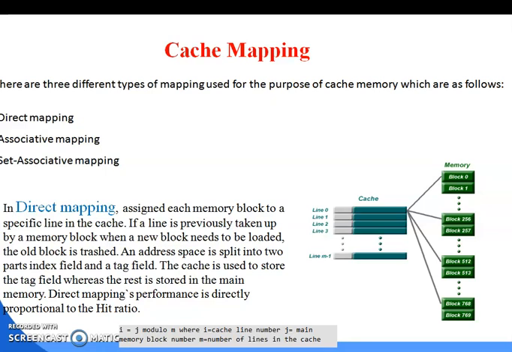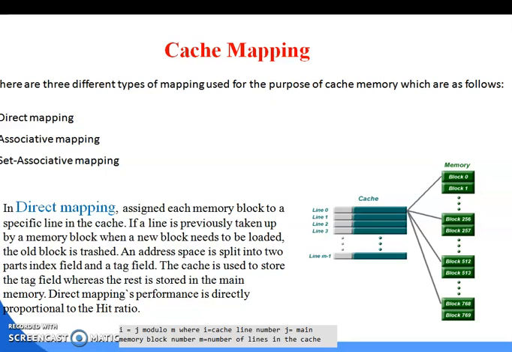Next is cache mapping, which is very important. There are three different types of mapping used for the purpose of cache memory, which are as follows: direct mapping, associative mapping, and set associative mapping. In direct mapping, each memory block is assigned to a specific line in the cache.